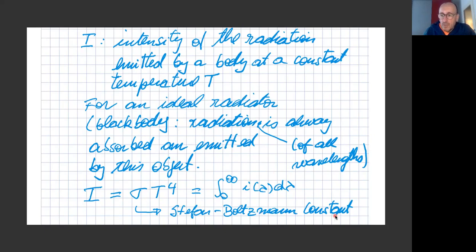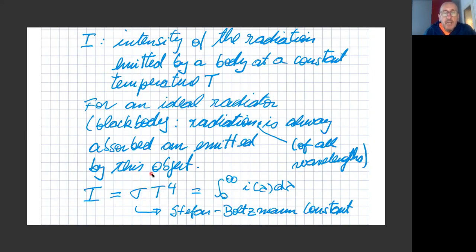This is also something empirical. If you actually do this integral of the spectral radiation on all the wavelengths possible between 0 and infinity, you find out that the actual emitted intensity is equal to a constant of this ideal black body thing times T to the 4th power.